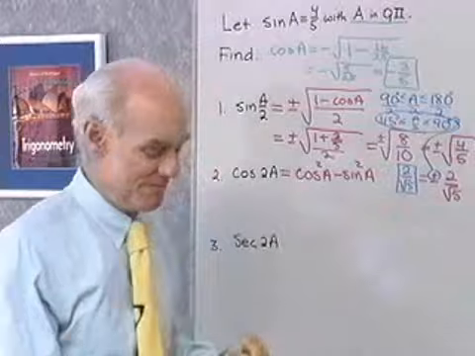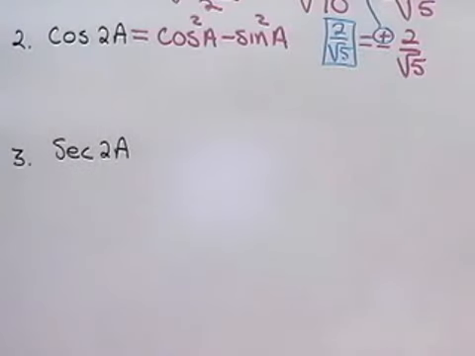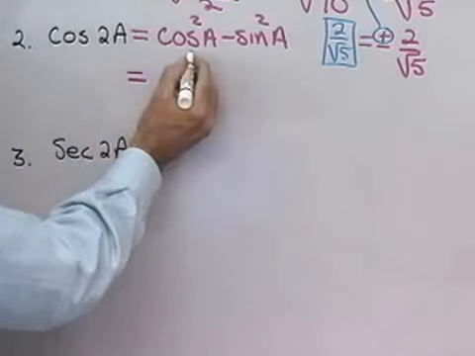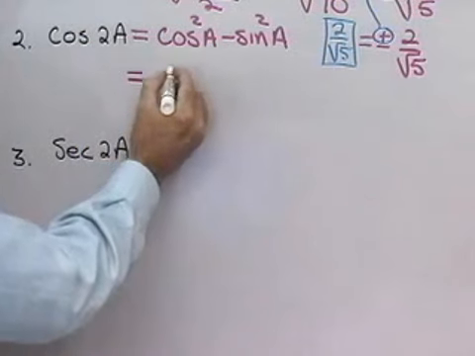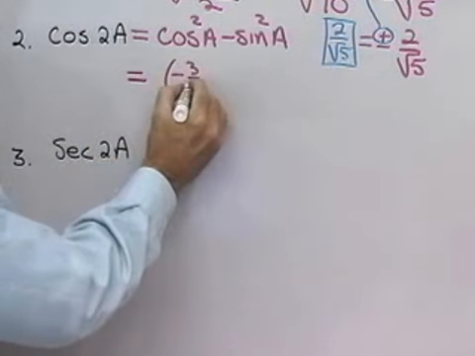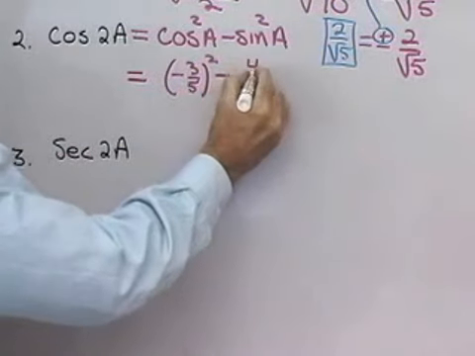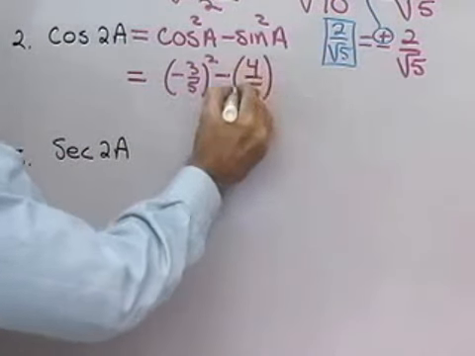Let's try another problem. I have cosine 2A is cosine squared A minus sine squared A. So I'm going to write this as, let's see, cosine squared A. Well, I found that cosine A was negative 3/5 previously, and sine A was 4/5.